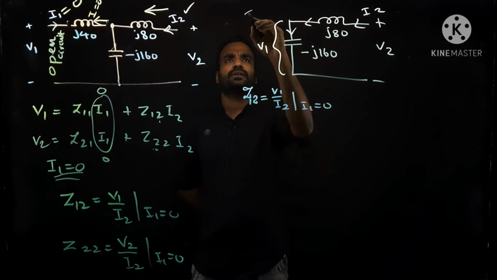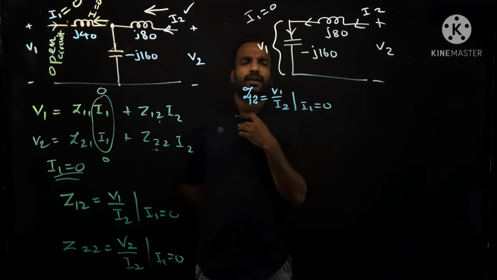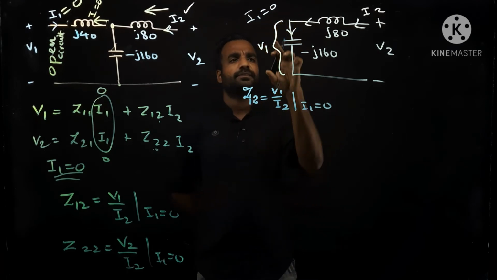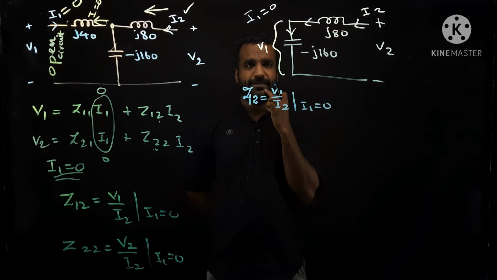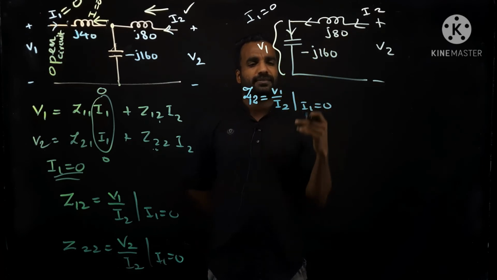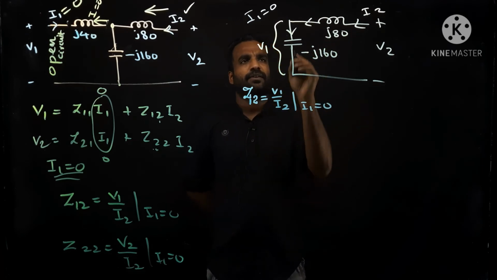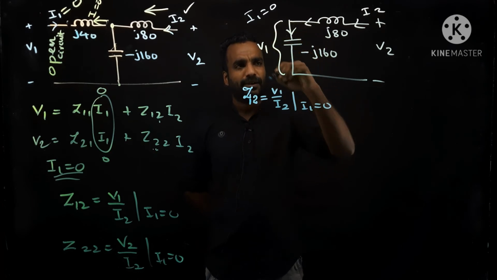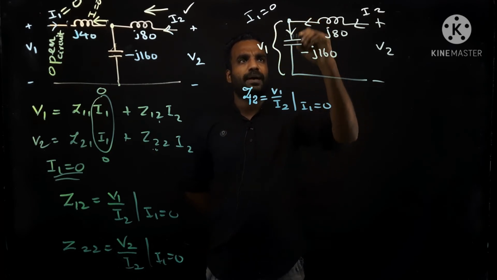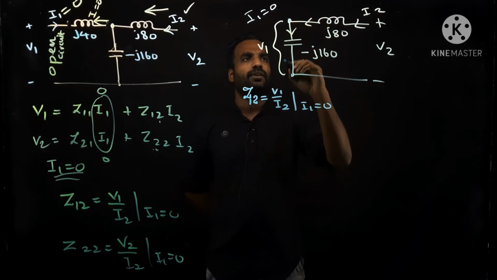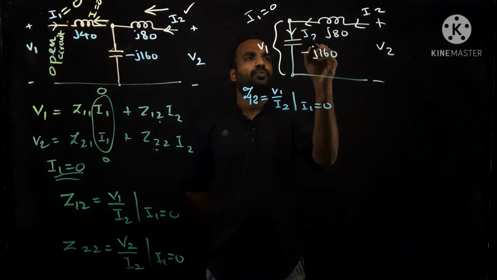So this is the equivalent circuit at I1 equal to 0, and we know that this is V1. As this is V1 and this is I2, we can easily cross relate. We have to write the Ohm's law equation at this parallel node. This is V1 and this current is I2.